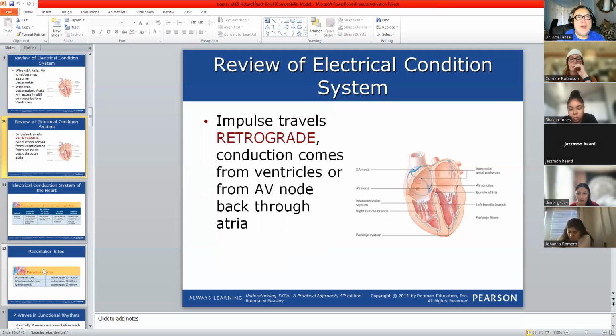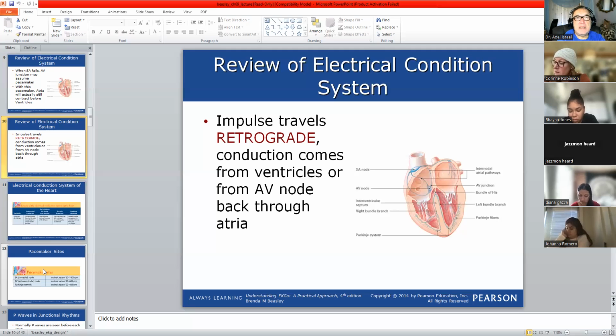So one way to the right, but you start to move to the left. You are going retrograde, in the opposite direction of the normal. So retrograde equals negative P wave. I told you this yesterday. So when I think of junctional rhythm, it is retrograde, and this is also very important and announced for the exam.